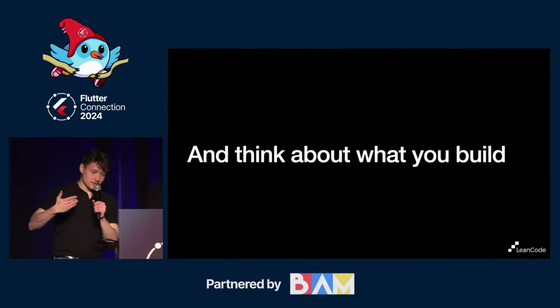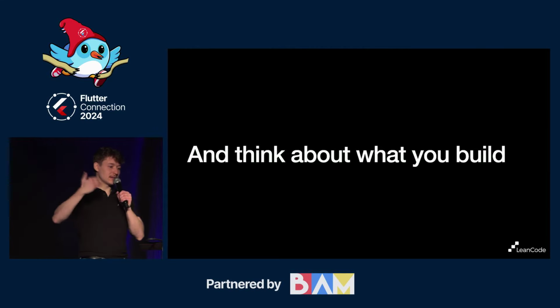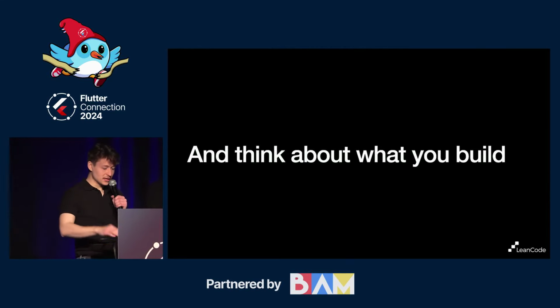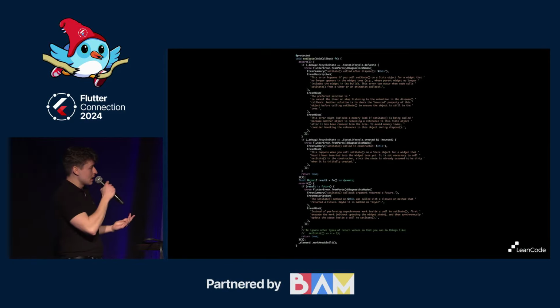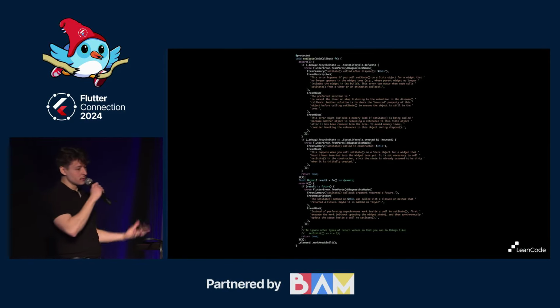And the most important thing is to always think about what you build. Because, for example, this is the code of setState in Flutter. And as you can see, that's a lot of code.